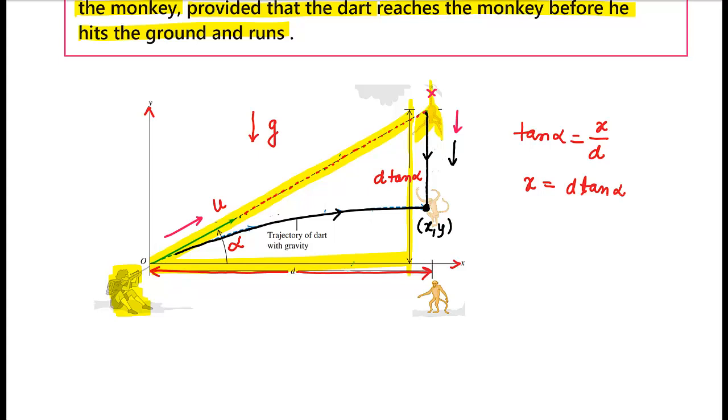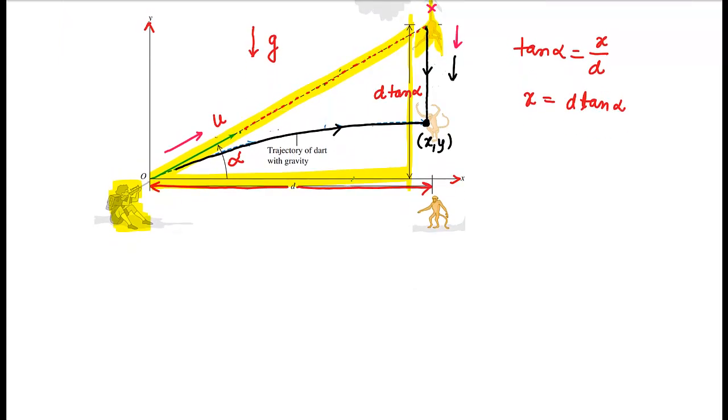Similarly, I can find the y coordinate of the dart and the y coordinate of the monkey. If there is a collision or a hit, then these two coordinates should be equal. What all this means is that I can calculate the x coordinate of the dart at any given point of time. Let's say I know my time. For a given time, I can calculate the x coordinate of the dart, and I can also calculate the x coordinate of, in this case, the monkey.